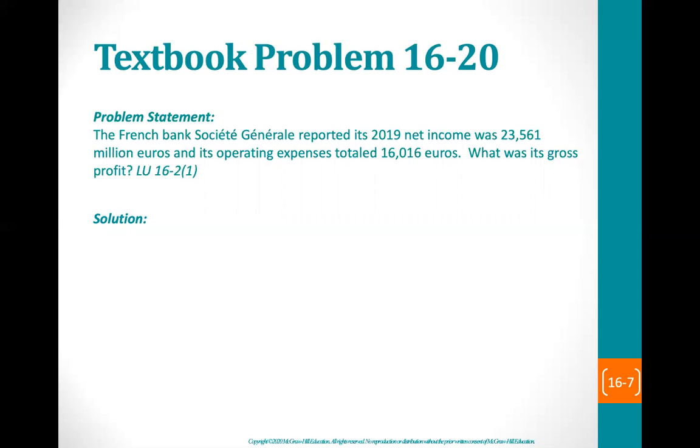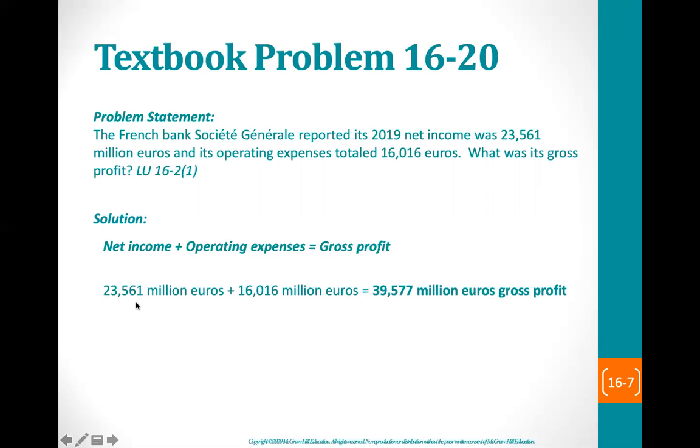Or if you look at it, remember, gross profit minus operating expenses equals net income. So if we know net income and operating expenses, we can back into gross profit. So net income adding back our operating expenses would equal gross profit. So 23,561 plus 16,016, the gross profit would have been 39,577. And that makes sense. Our gross profit should be higher than our net income and our operating expenses.